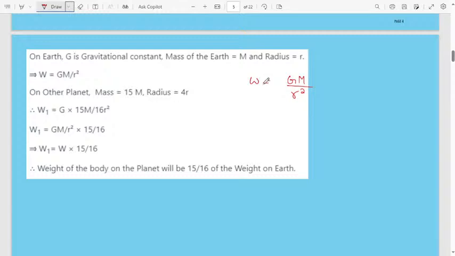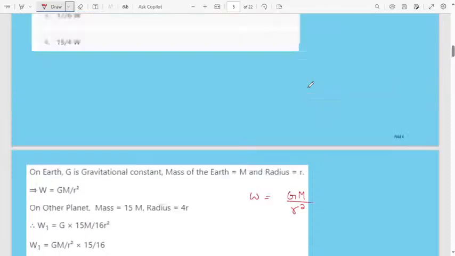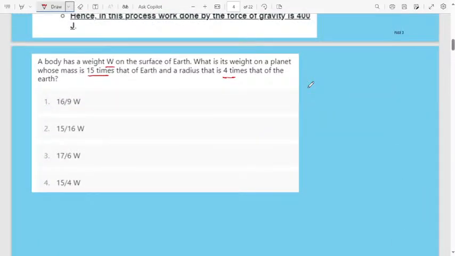But here they have given the condition: a body has a weight W on the surface of the earth. What is its weight on a planet whose mass is 15 times more, and the radius is 4 times that of the radius of the earth, 4R?